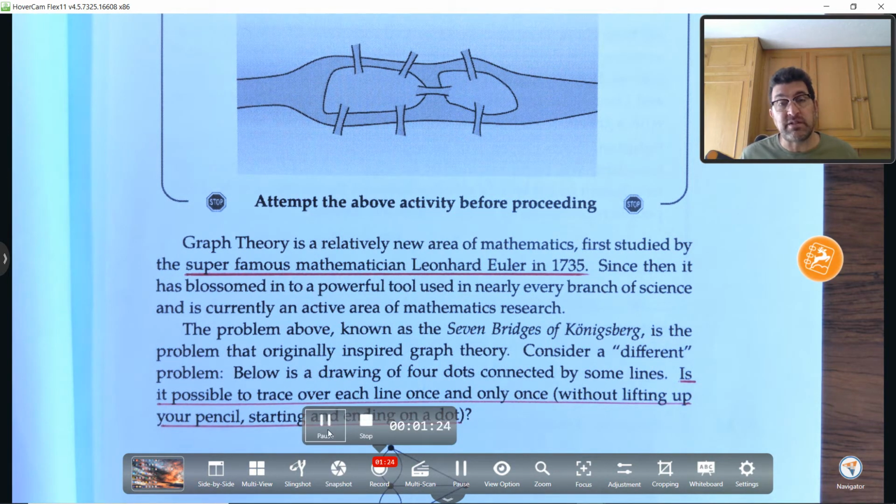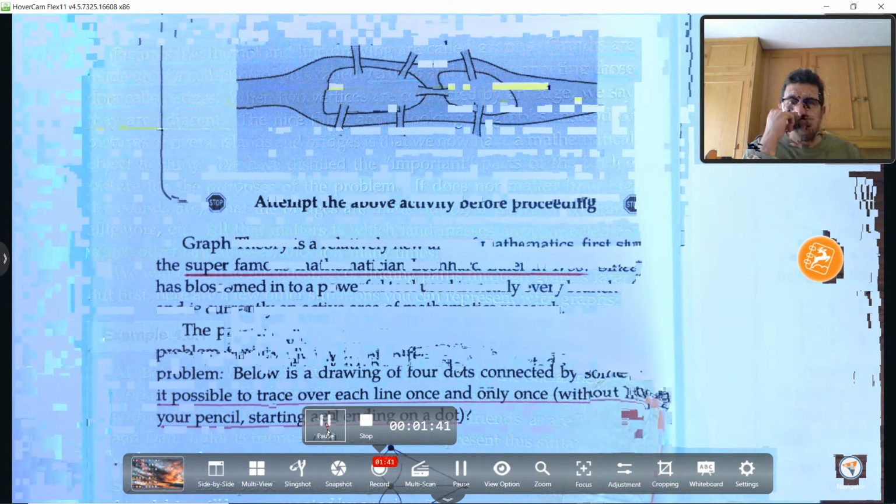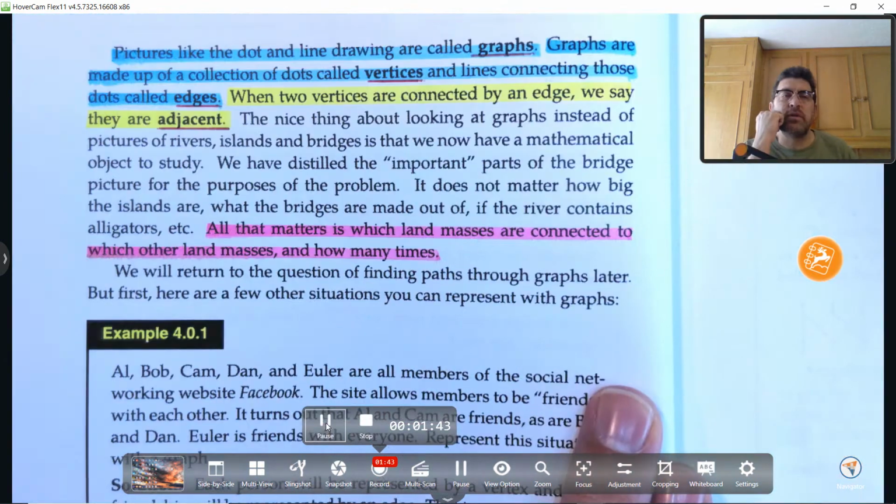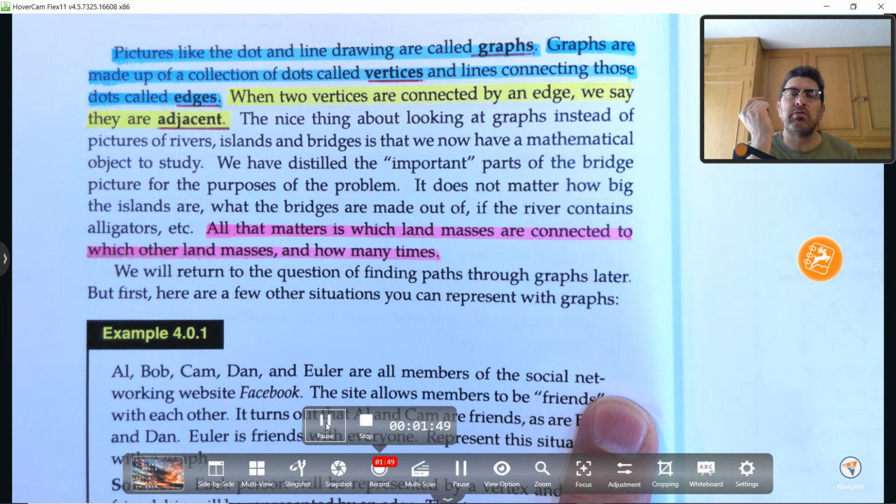But before we start our journey there, let us look at a bit of knowledge that you need to know on how you draw equivalent graphs, what a graph is, what a graph consists of. It's fabulous maths. Okay, let's see what the book says. Pictures like the dot and line drawings are what we're going to call graphs.